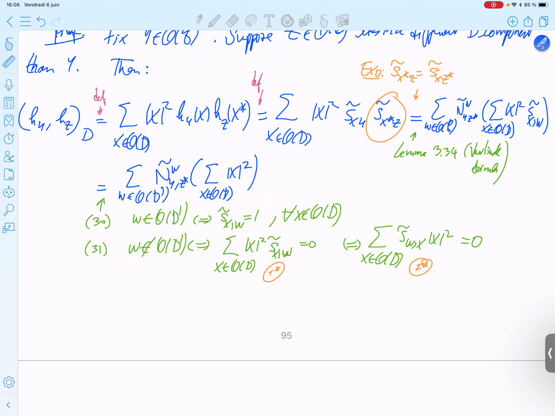Okay, so this is nothing but the categorical dimension of the subcategory D. So this is equal to the categorical dimension of D, times the sum over W simple in the centralizer of N Y Z star W. But by assumption, Y and Z are not in the same component.